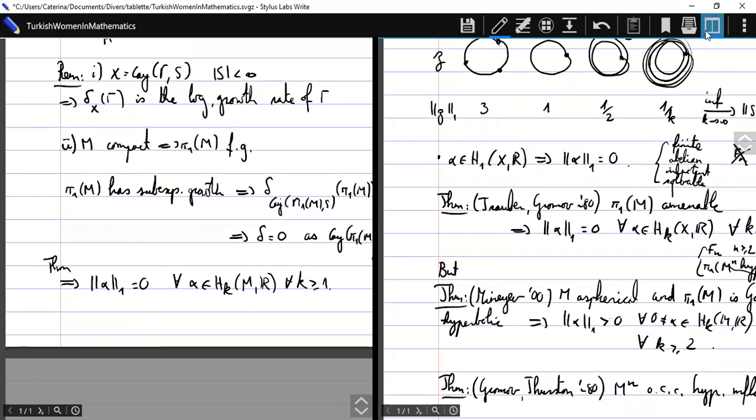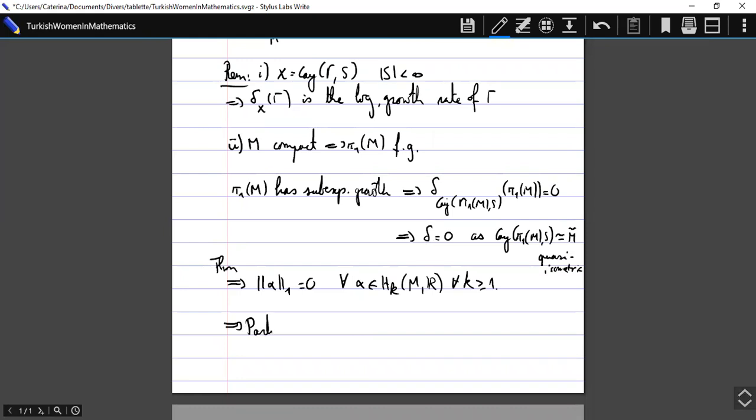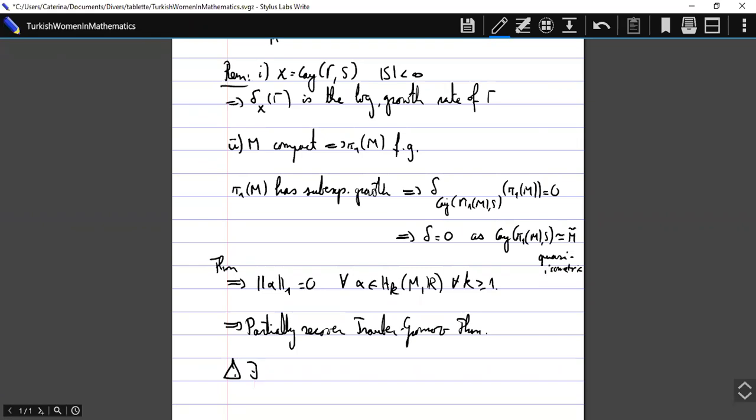So actually, here we have recovered partially the Trauber-Gromov theorem, because groups with sub-exponential growth are amenable. Okay, actually, we have to be careful. There exist groups that are amenable of exponential growth.